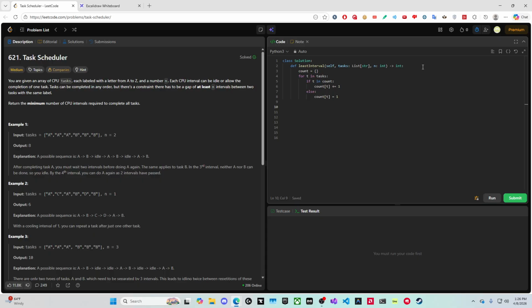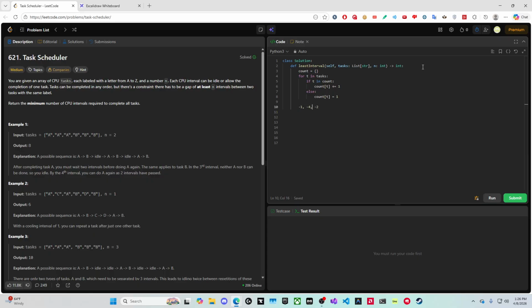Okay, however, in Python we don't have a max heap, we only have a min heap, right? So let's say our values in our hash map are something like 1, 4, 2, right? Well, because Python only has a min heap, we're just going to set these all to negative.